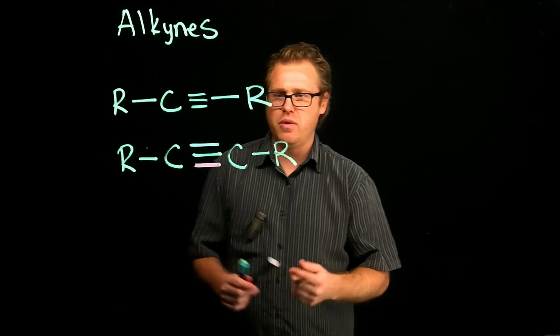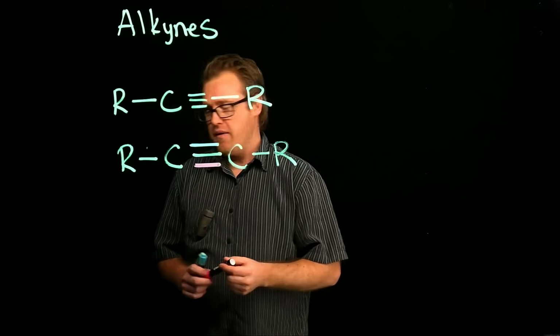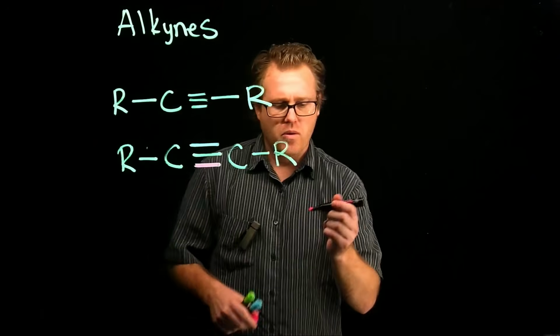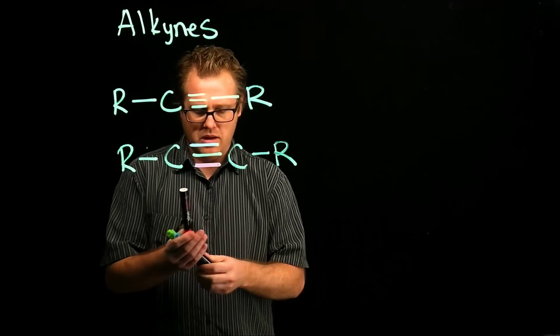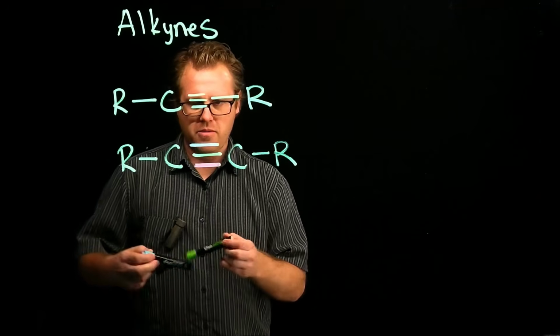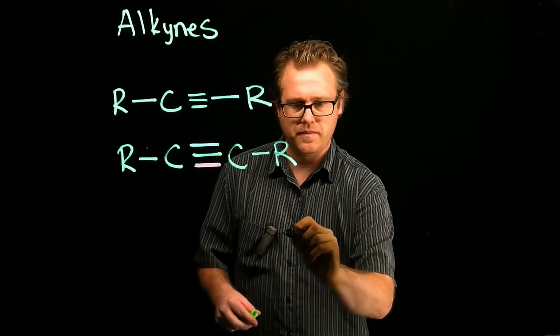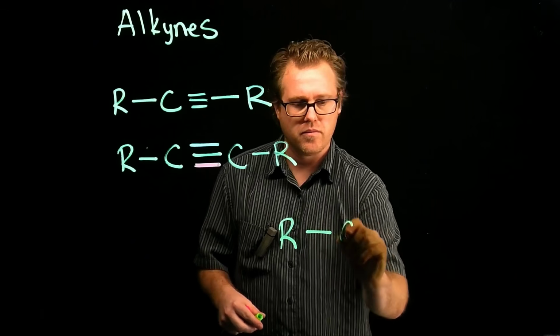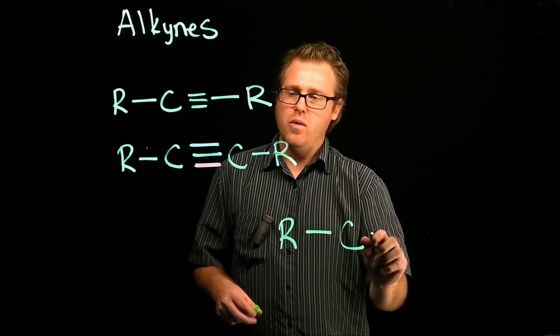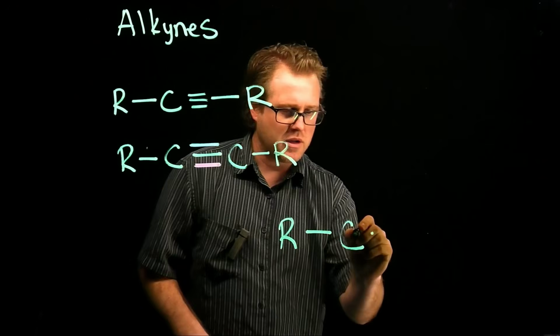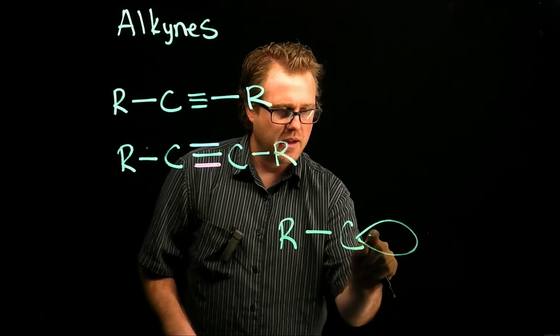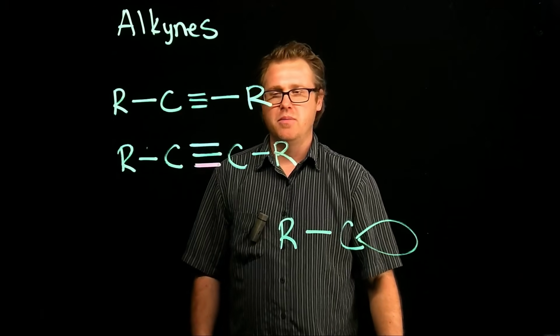And so what does that do when you look at the orbitals of this molecule here? When we take the green marker here, what does that sigma bond look like? What type of orbital is it going to be?